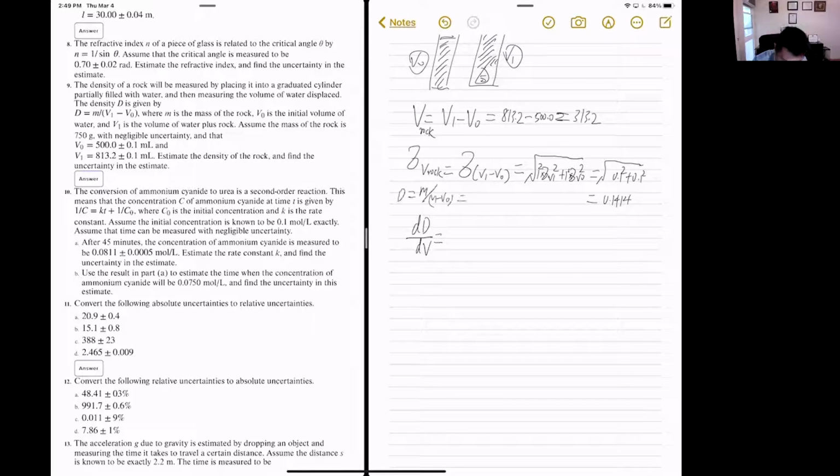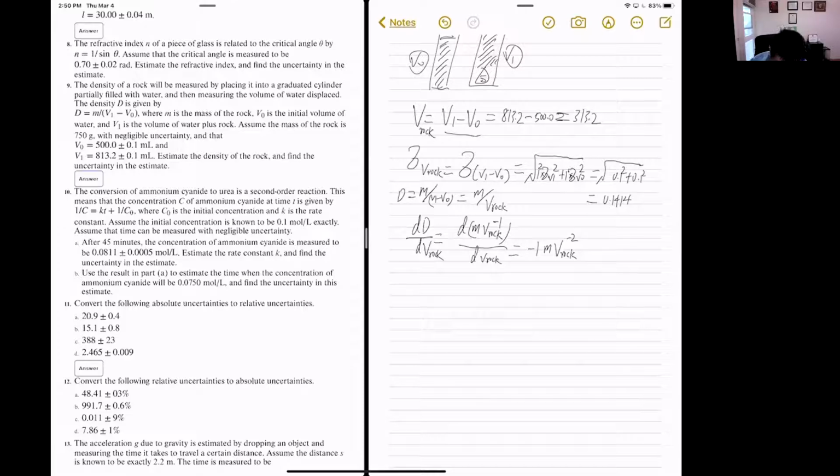So dD over dV rock is equal to m times V rock to the power of negative 1, which gives minus 1 times m times V rock to the power of negative 2.